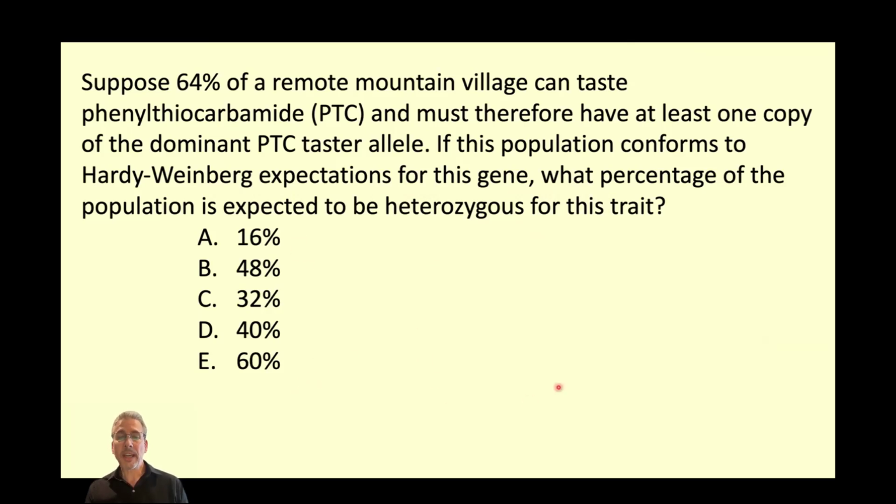So again, don't forget our equations that we mentioned earlier: p plus q equals 1, and p squared plus 2pq plus q squared equals 1. Let's take a minute and walk through how we would go about solving this question.